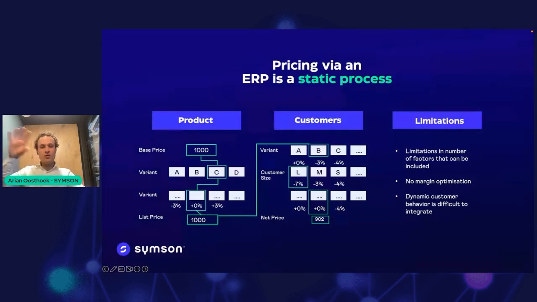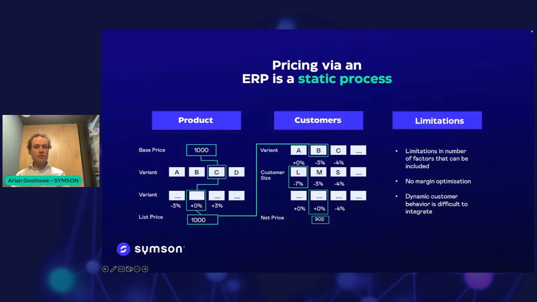But then we go to the customer dimension, and the customer dimension, especially B2B companies, could have different customer segments, and the more you purchase, the more discount you get. So here, if you're a big customer, you get 7% discount on the list price. So you come to a price of €902.